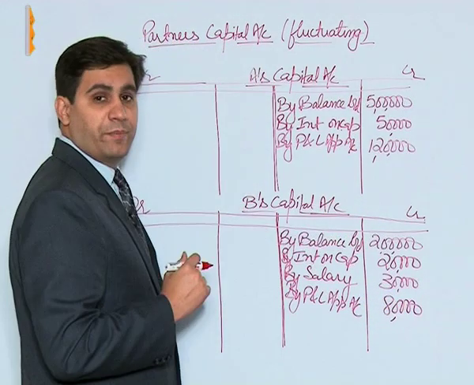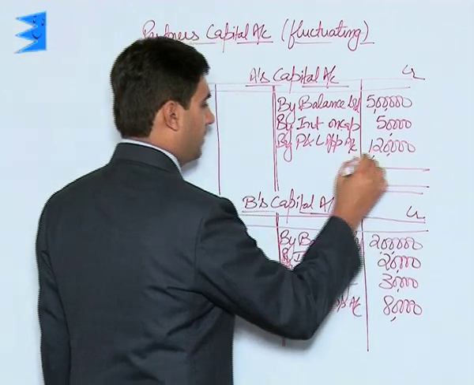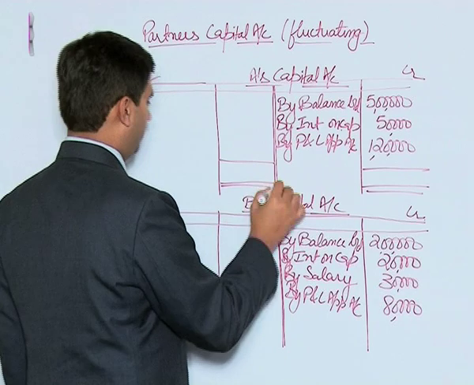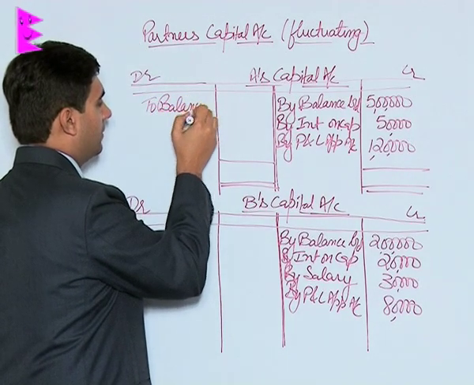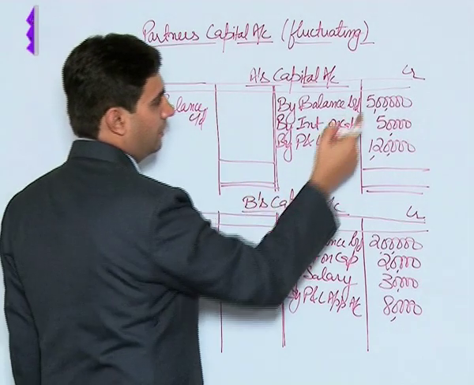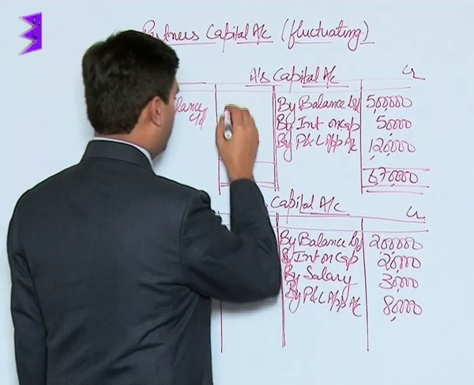That's it. All the entries have been posted here. So now let us total it out and find the balance. To balance carried down 6,70,000.